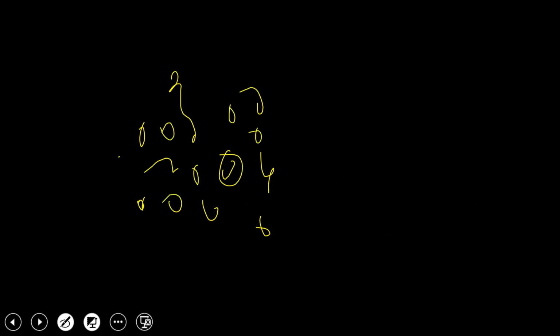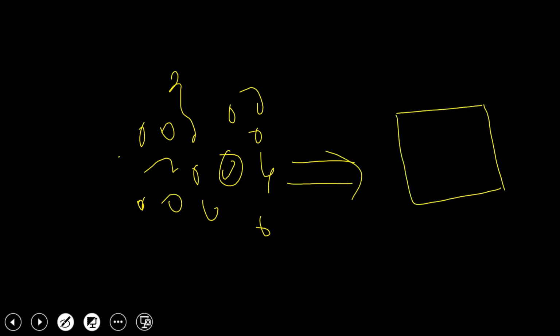Suppose there are some powder particles of the same material, but some are coarse, some are very fine, some have got medium size. Now, if I convert this powder into a product, let's consider this square is a product.